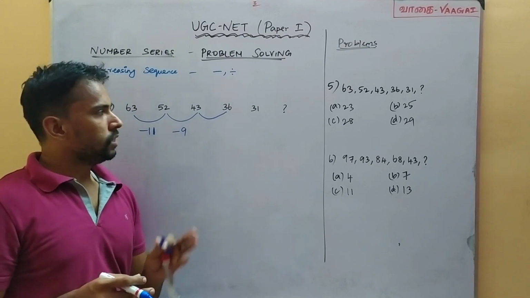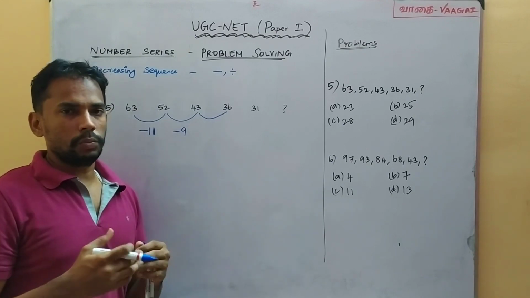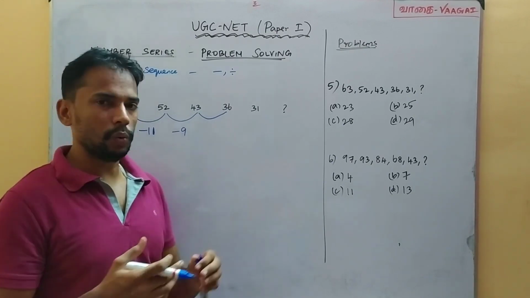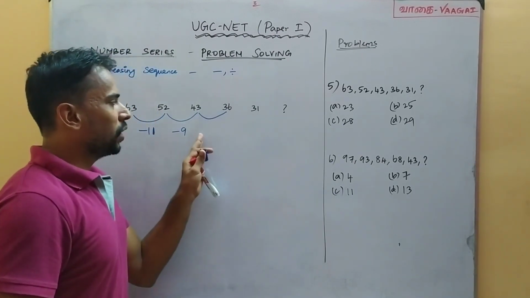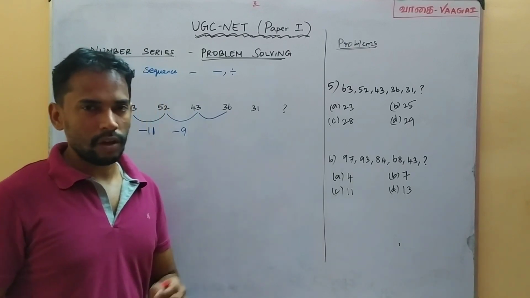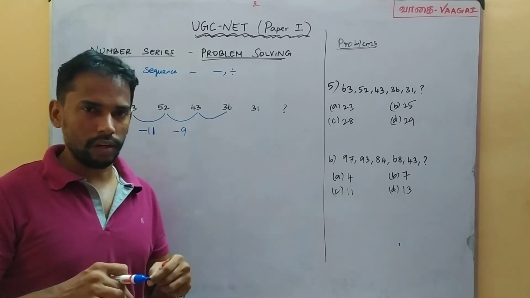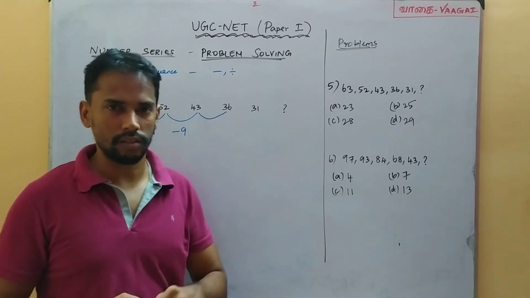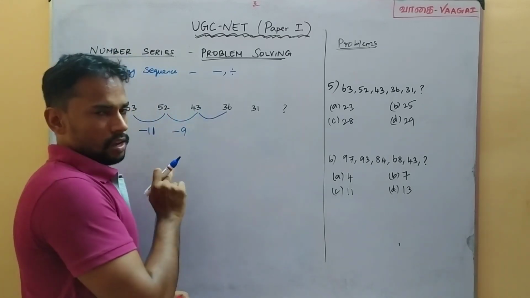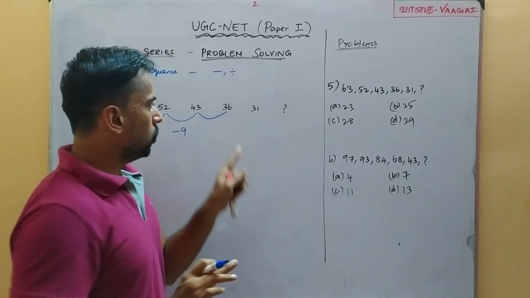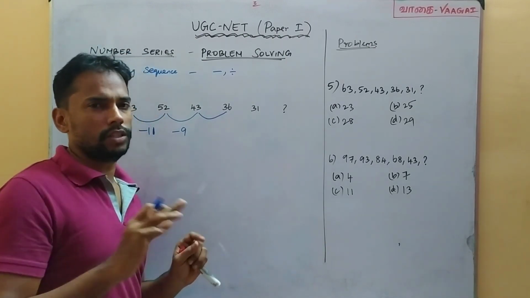These numbers are not very big, but at the same time, if they are suddenly given to us, we will wonder how to do this, right? Either you can do these calculations separately, or you can try to do them in your mind itself. Let me show a small sample. Now I have to think: 43, what number to be subtracted to get 36? Let's do it step by step.